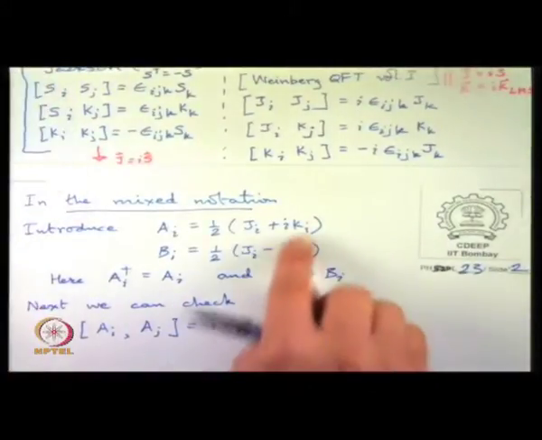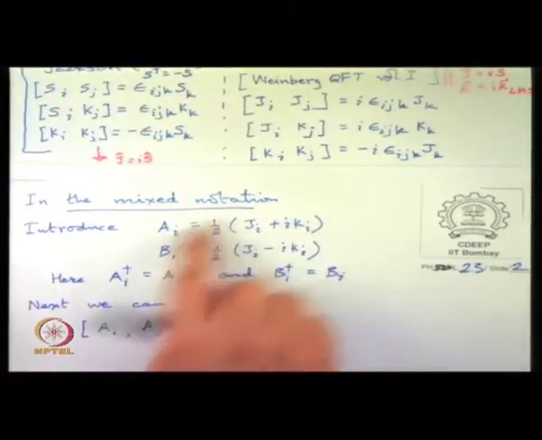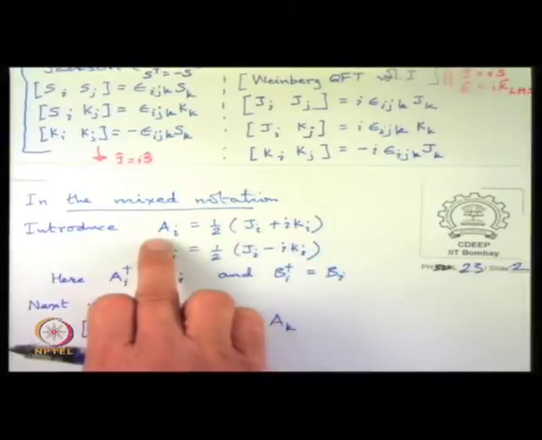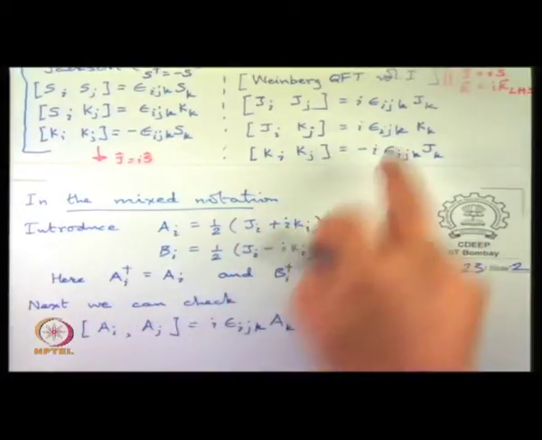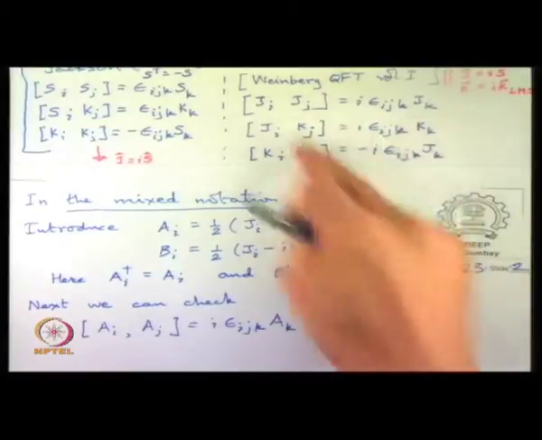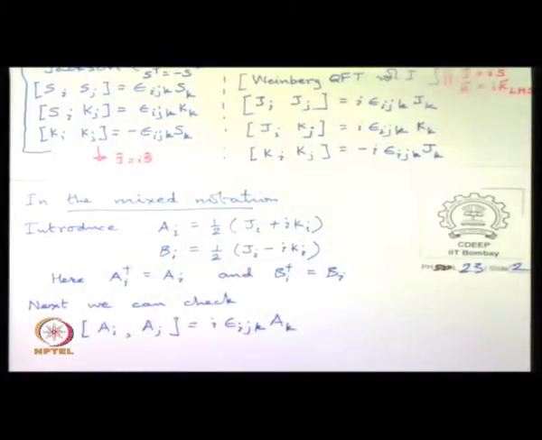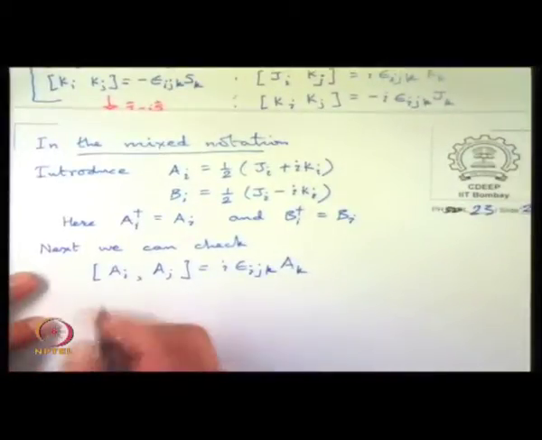Okay. So this we have checked last time, provided we adopted this convention, defining A to be J plus iK, and then I suddenly switch to writing this algebra, so then it works out correctly. Okay, so you can check this, and similarly that the B's do the same thing.